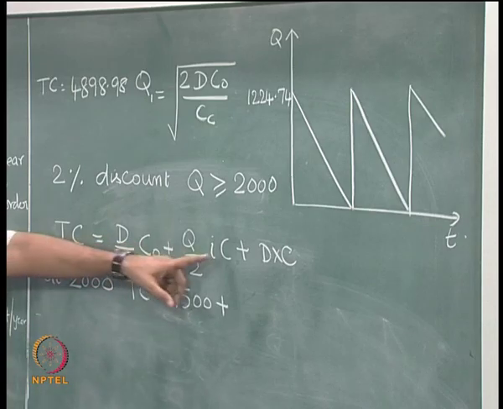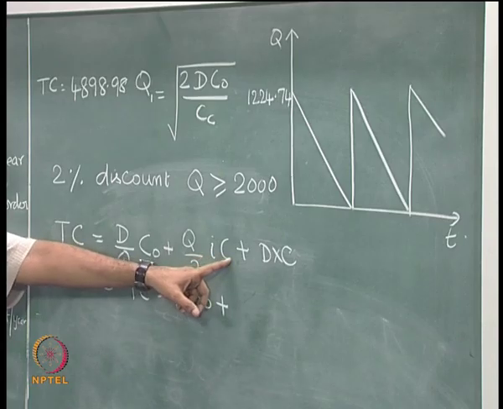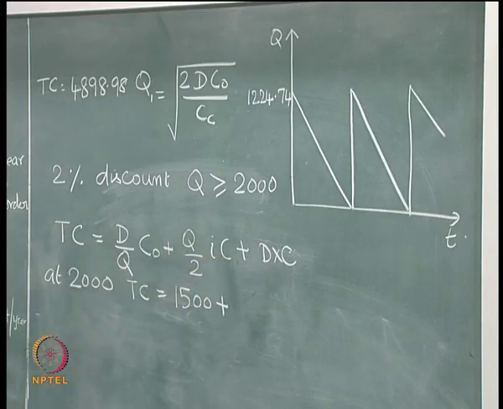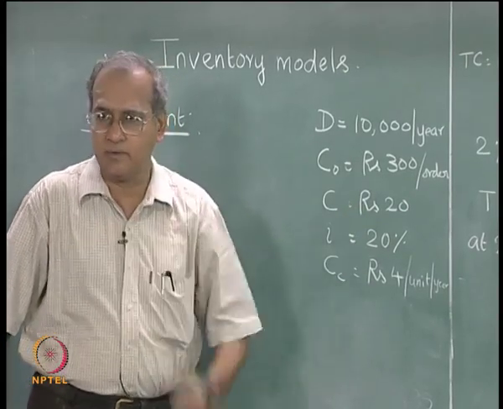Now, IC is 20% of rupees 20 into 98%, because at a quantity of 2000 the unit price is not 20, but it is 98% of 20.